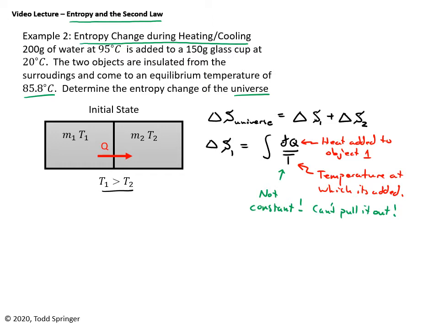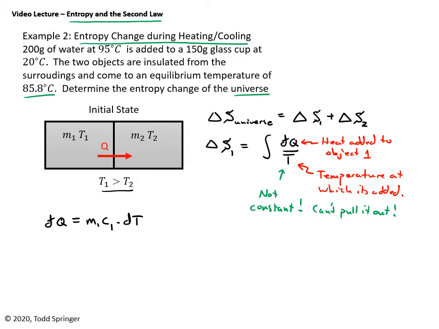So my strategy then is, because I have heat leaving and temperature changing, I use dq is m1 times the specific heat of object 1 times dT. So this is the same as Q is mc delta T, which you guys are familiar with, right? But just in infinitesimal form.